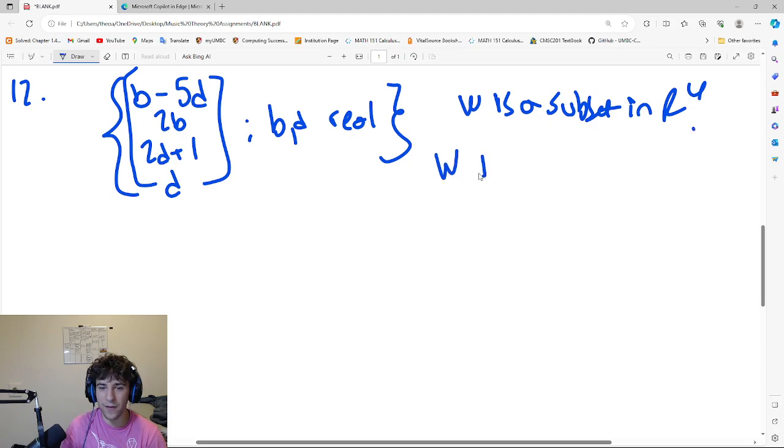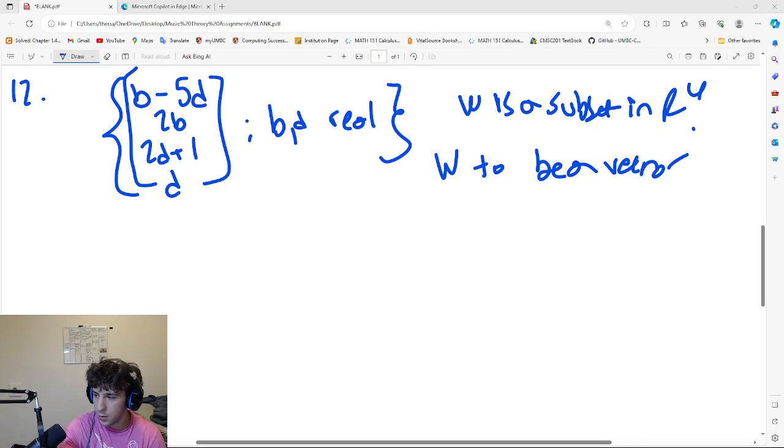And so for W to be a vector space, it would have to be a subspace.